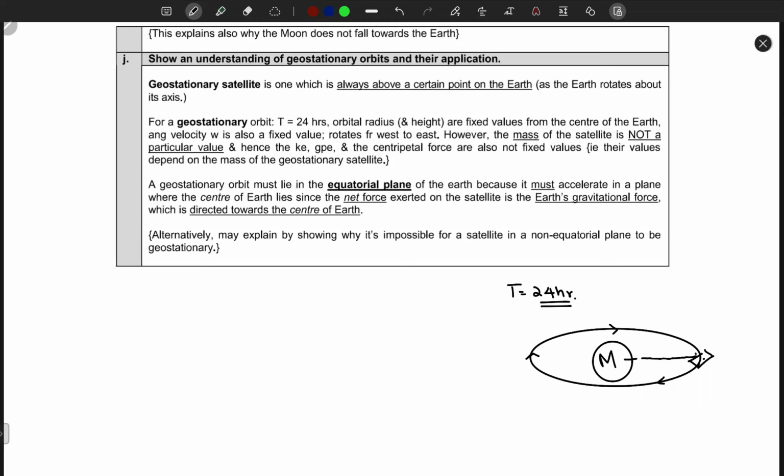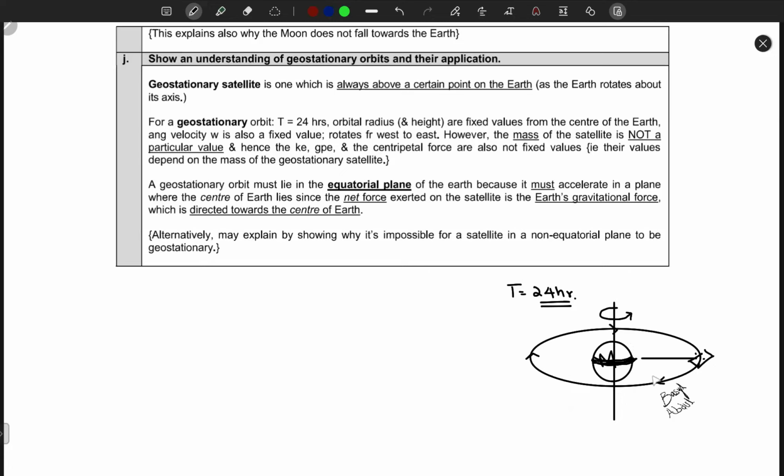So it aligns directly with the line of this equator. Now, the Earth is also spinning. The spinning of the Earth is really like this.